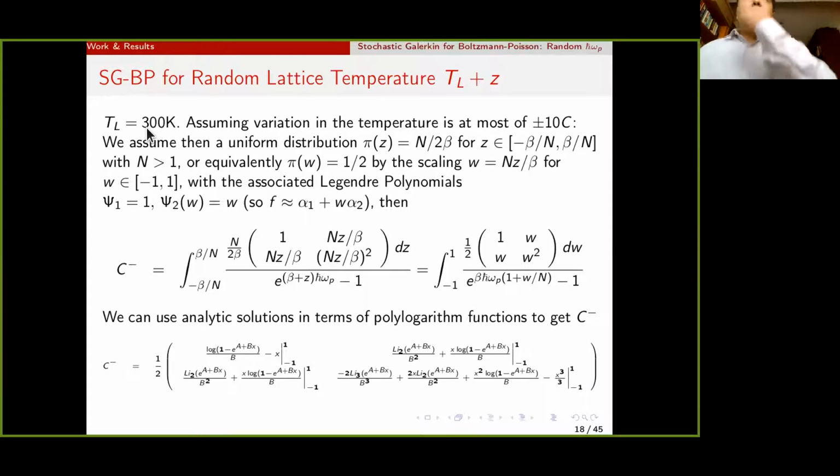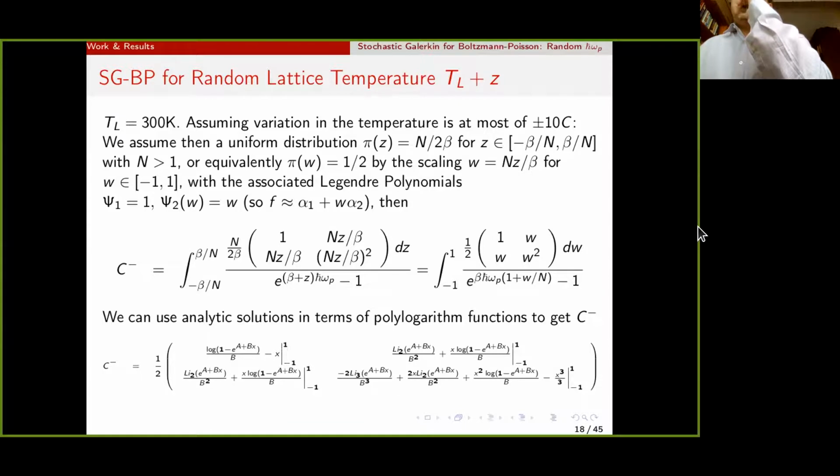So for the approximation in here, and to give concrete examples, let's think of the temperature of the environment, which is of the lattice as well, of 300 kelvins. And I'm going to have a variation of plus minus 10 Celsius degrees. So this is going to be in terms of the parameter beta, telling you that the random variable can be in an interval of a fraction of beta, and you want to estimate the n, which is determined in the fraction. What we're going to use is a uniform distribution, and then use the associated Legendre polynomials.